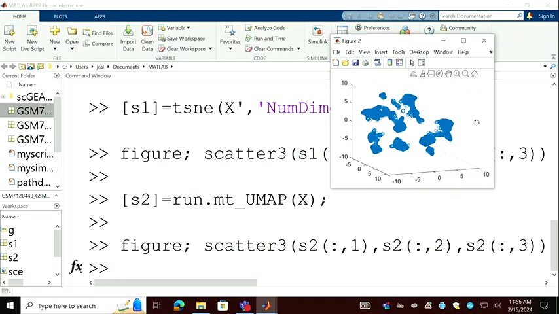Okay, I will copy all this command line history and make it an M file and put it in the chat.